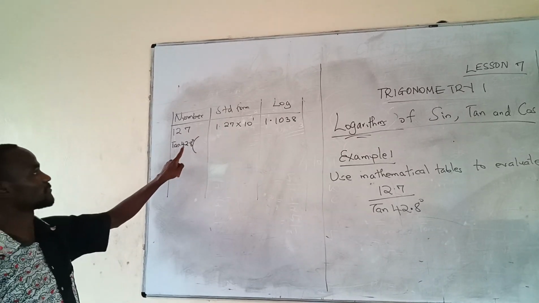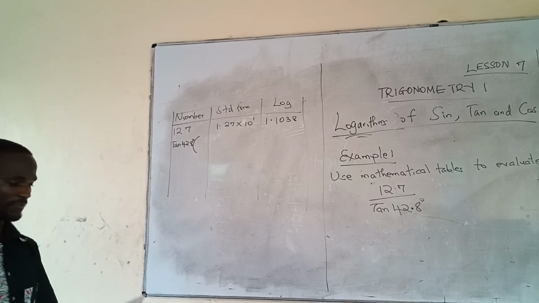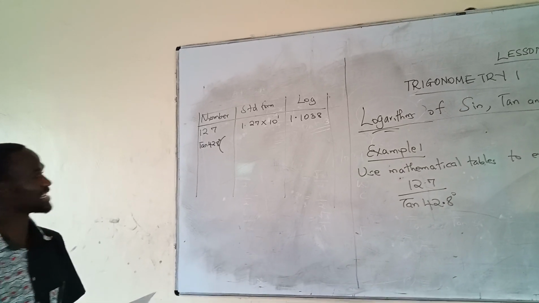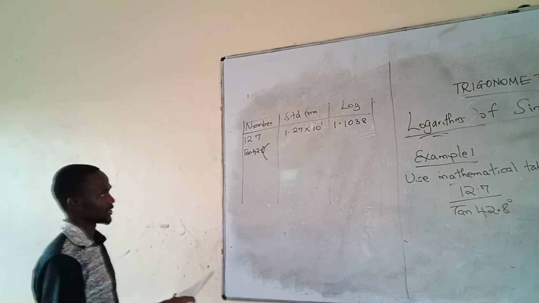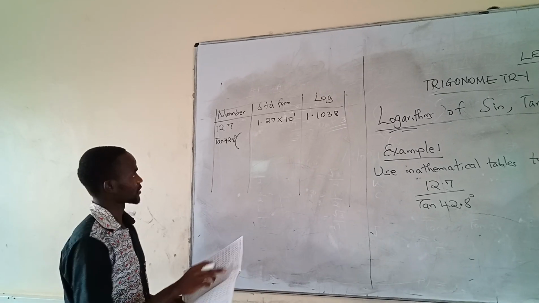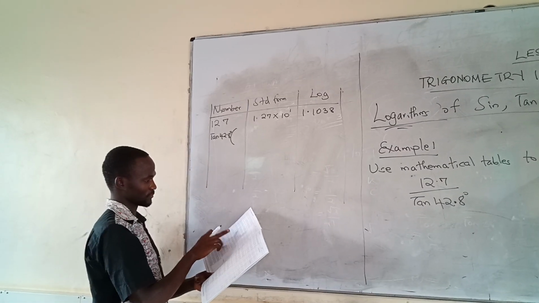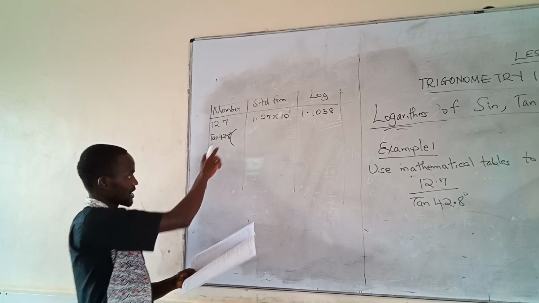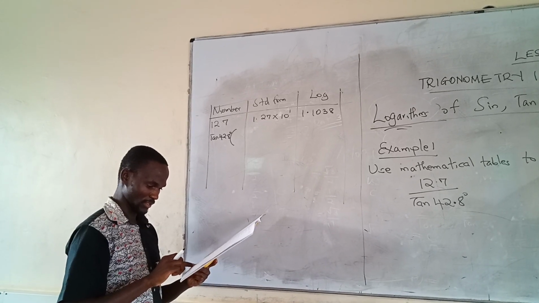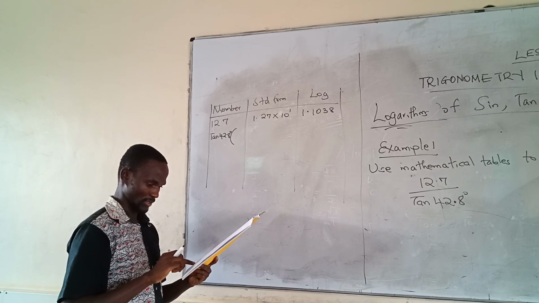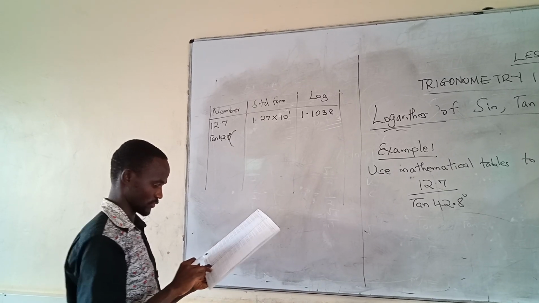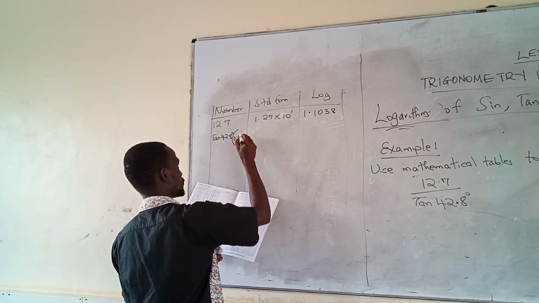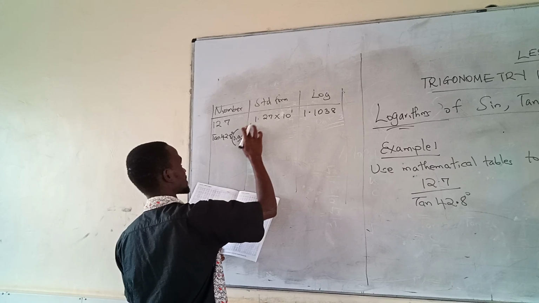If you remember when we were looking for the natural tangent, the natural cosine, and the natural sine, if you go to natural tangents, we go to row 42, and then up to 0.8, we have 0.9260.